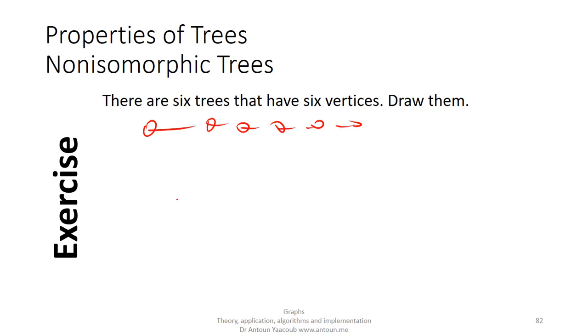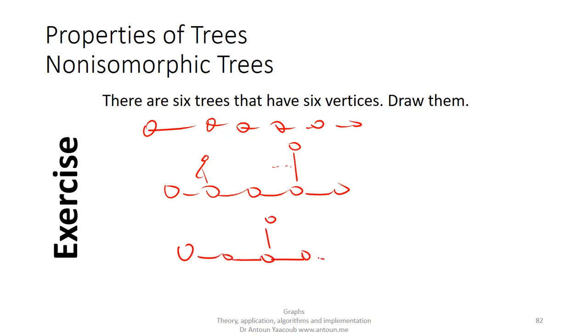Then I can remove one of these end vertices and place it here. It's the same if I place it here, and then I have one in the middle. I will now reduce the path, and I will do it with 4. Obviously this will be equal to that one, because they are isomorphic.